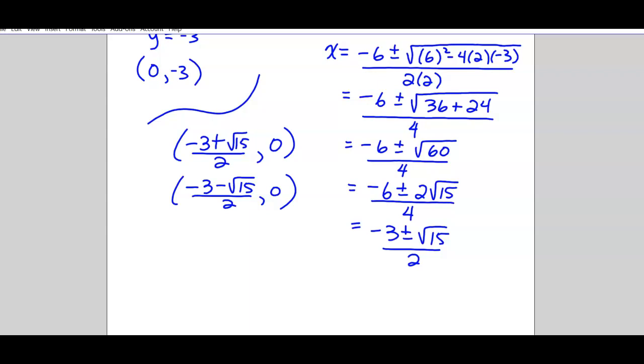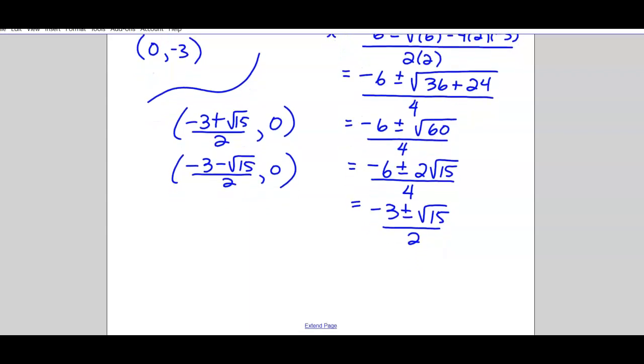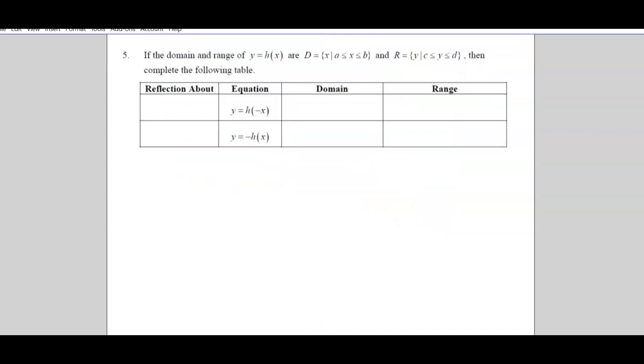And then 5 is basically what we did in the previous page, except in the general case. No numbers. So you're given the domain and range of some function.